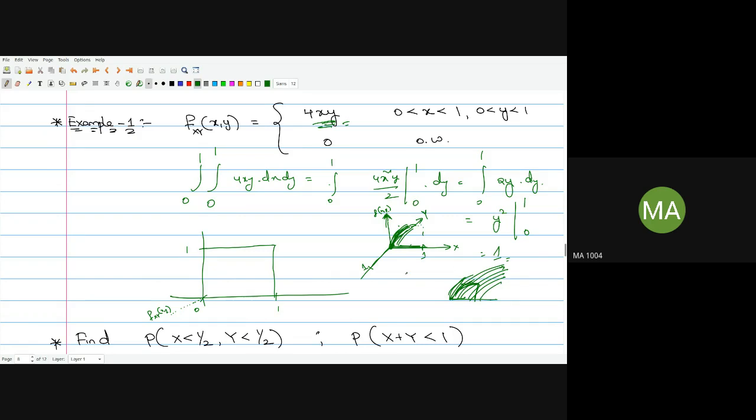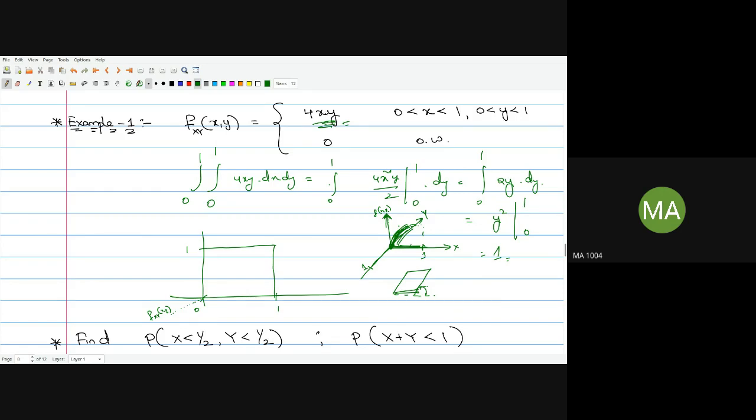So it is slightly slanted, at some angle. We will discuss this when we use GeoGebra. That will be better, it is very difficult to show in a 2D plane. But understand that when x and y values are very near to 0, my density is very near to 0.